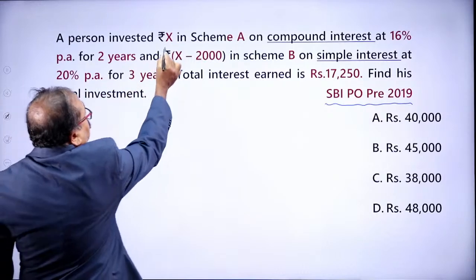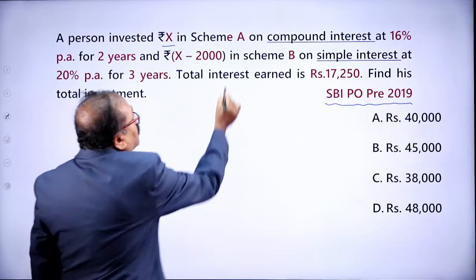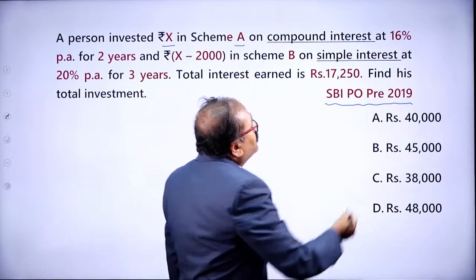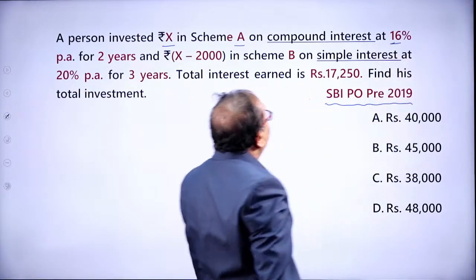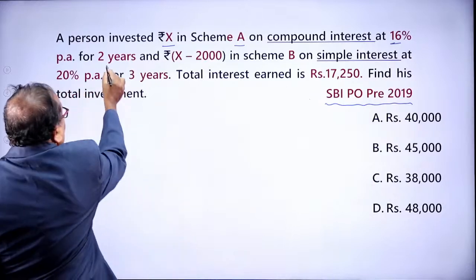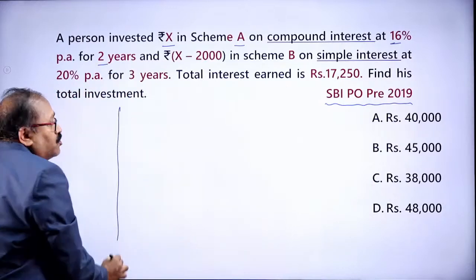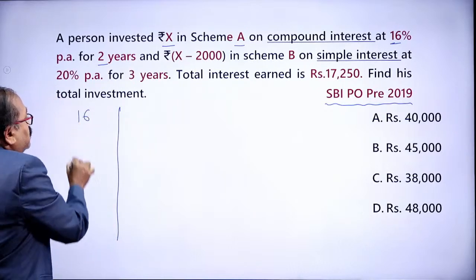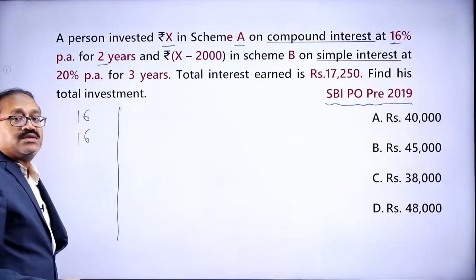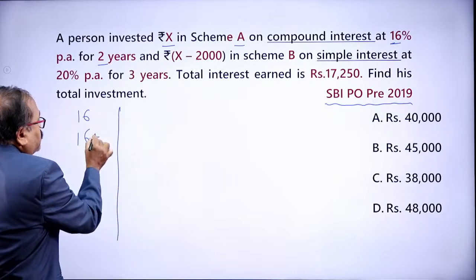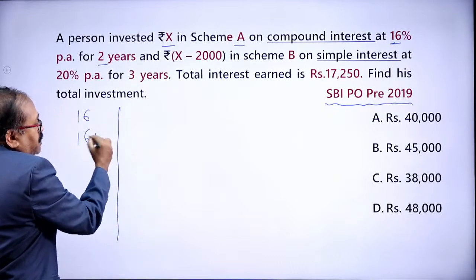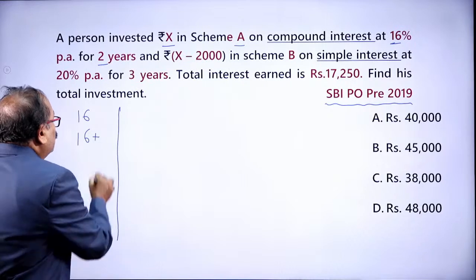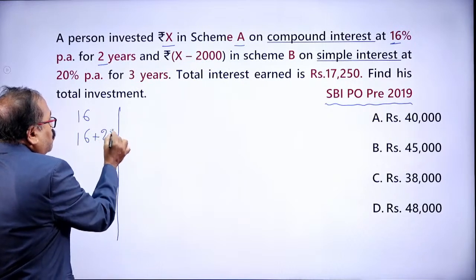A person invests rupees X in a scheme A on compound interest at 16% per annum. For how many years? 2 years. That means you are expected to know this part: 16% for the first year, second year 16%, and next 16% of 16%. The 16 square is 256, so 2.56.